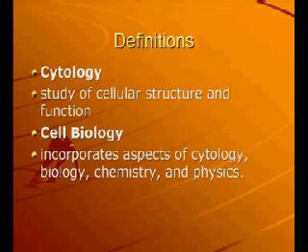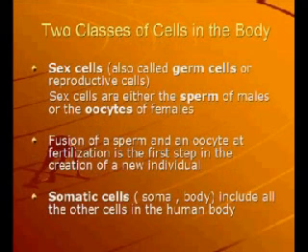There are some areas of cell anatomy for which it is important to at least recognize the definitions. Cytology basically is the study of cellular structures and functions. Cell biology incorporates aspects of cytology, biology, chemistry, and physics. There are two classes of cells in the body: sex cells, also known as germ cells or reproductive cells.